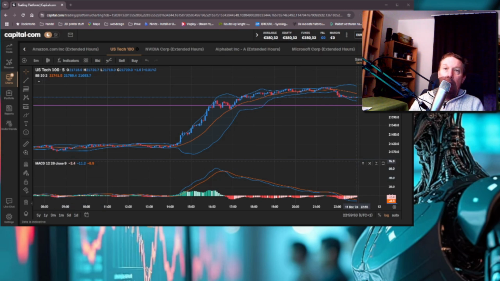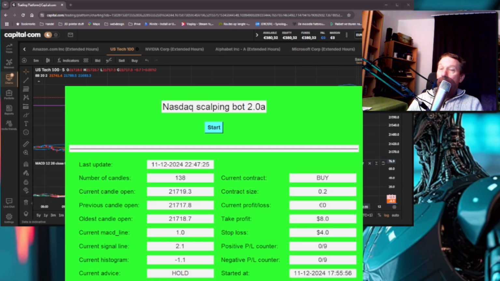For the current candle, the MACD 12 26 close 9 has a histogram of minus 2.3, a MACD value of minus 11.4, and a signal line of minus 8.9. If I look at the bot, you see that the bot has a current MACD line of 1, a signal line of 2.1, and a histogram, the difference between the two of them, of minus 1.1.